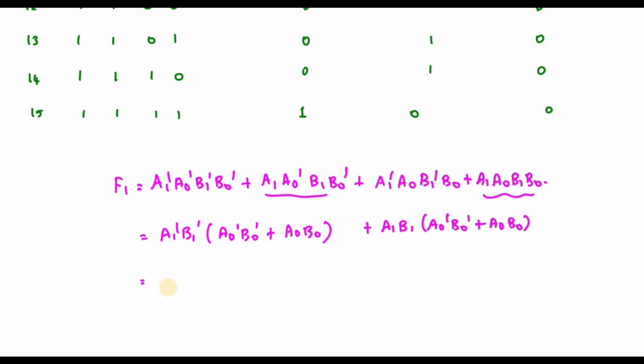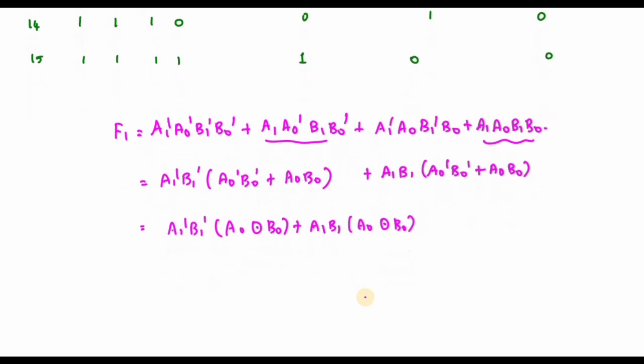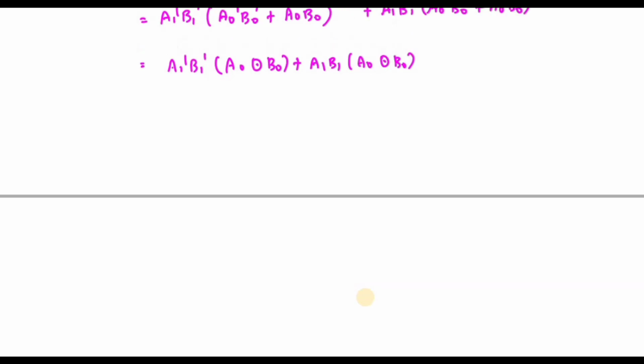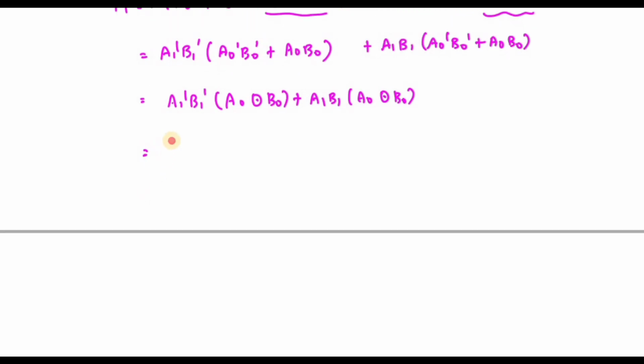So this I can write as A1' B1' into A0 XNOR B0. Similarly, A1 B1 can write A0 XNOR B0. So if I take A0 XNOR B0 common, I'll get A1' B1' plus A1 B1. So I can write it as A0 XNOR B0 into A1 XNOR B1.